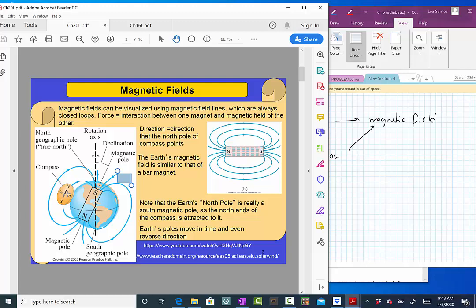Now, the north geographic pole does not coincide exactly with the south magnetic pole. They are close, but there is a little difference, and this little difference is corrected in all the instruments for navigation that we have. Okay, but again, coming back to this story, this is how things are at the moment.